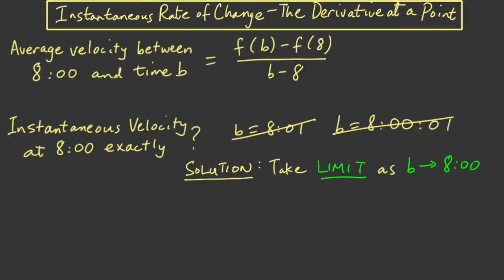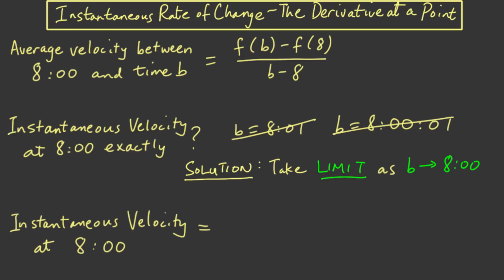So our formula for the instantaneous velocity at 8 o'clock is a limit as b approaches 8 of f of b minus f of 8, that's the change in f, divided by b minus 8, the change in time.